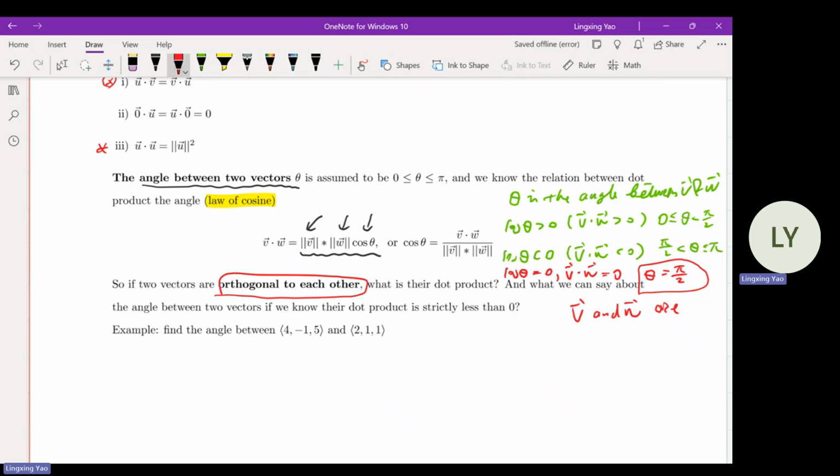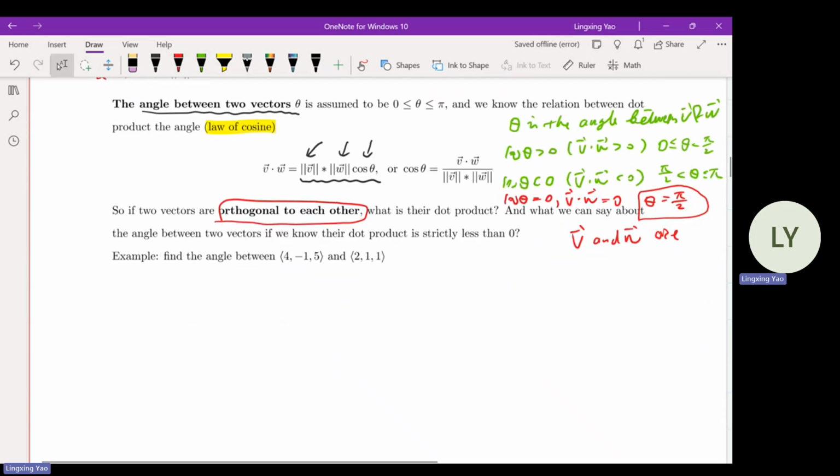Okay, so let's look at this one example. We want to find the angle between those two vectors, which are given here. So how do we do that? From the law of cosines, we can compute the cosine of the angle. Let theta be the angle between the two vectors.